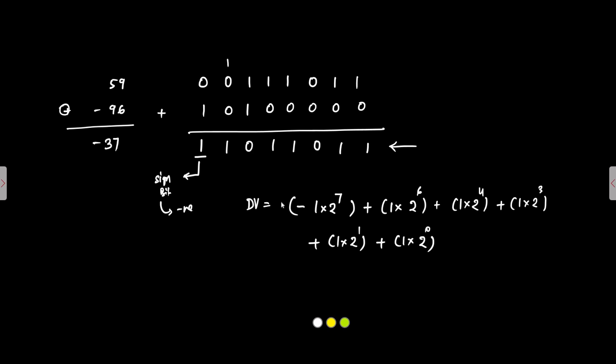Now if you remember, in 1's complement for negative numbers we add a plus 1 to the final result, but here in 2's complement we don't add any 1 at last.